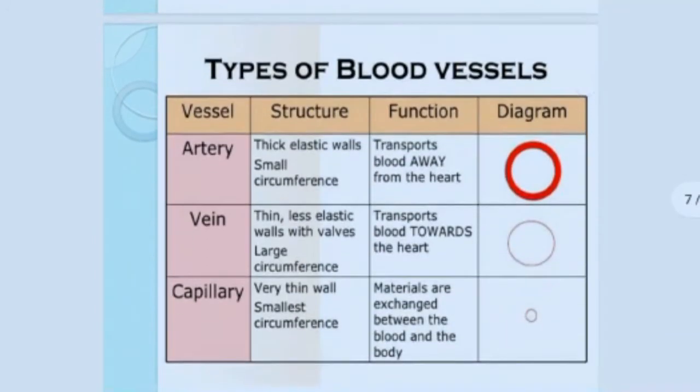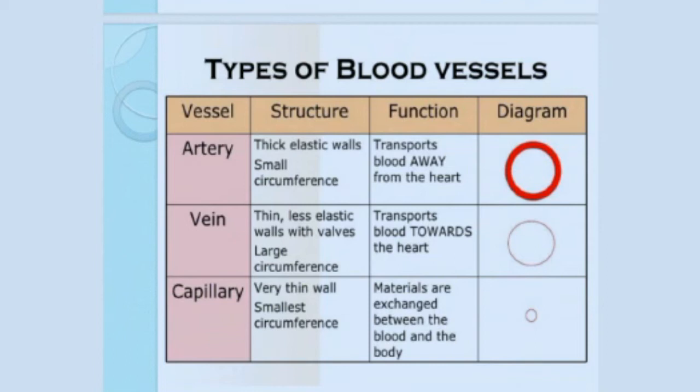What are the types of blood vessels? There are mainly three types of blood vessels: arteries, veins and capillaries. Here you may see the comparison between them. Arteries have thick elastic walls and small circumference. They transport blood away from the heart, while veins have thin, less elastic walls with valves.